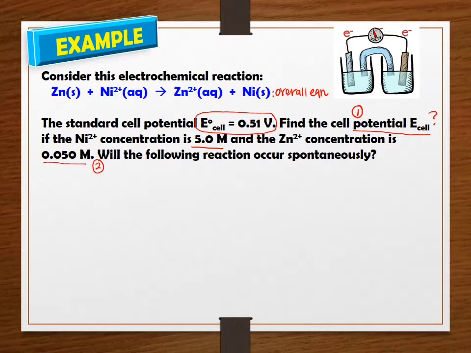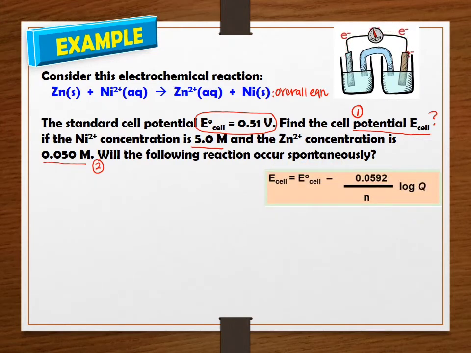Pertama sekali yang you kena buat adalah you need to write the half cell equation. Memang dia dah bagi you overall equation, tetapi you kena juga buat half equation. Sebab apa? Sebab you are going to use this formula. Nampak?